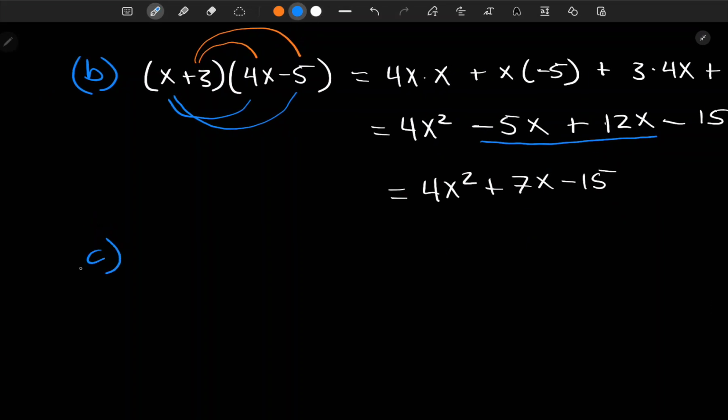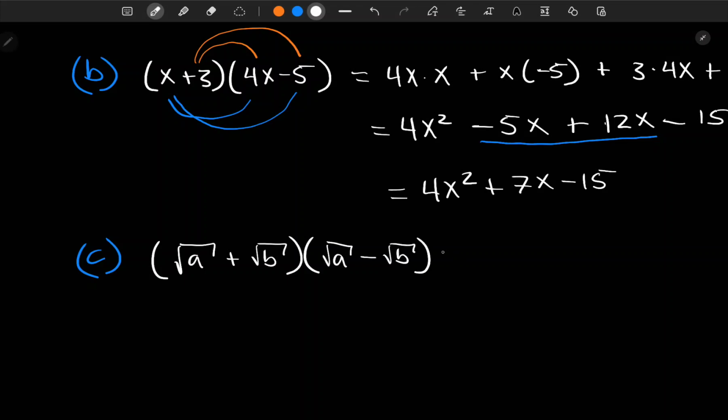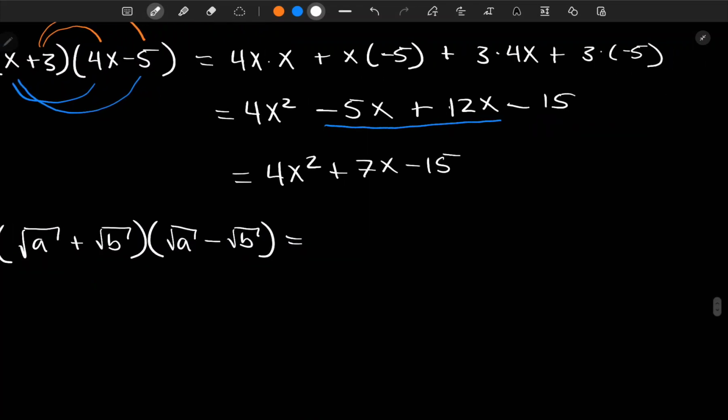Next, given square root a plus square root b times square root a minus square root b, we can expand this out as we did above.